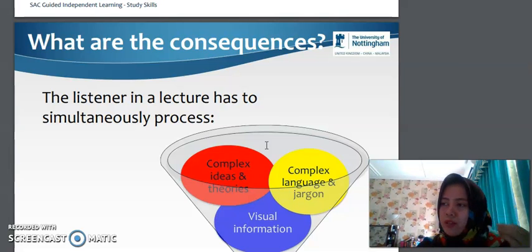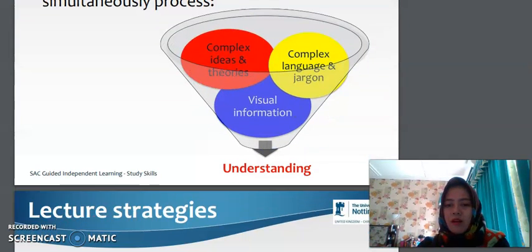But if you only listen to the lecture, you have to gather quite complex ideas and try to memorize some important points that the lecturer highlights. If you already know about those things, the result will be understanding the concept.